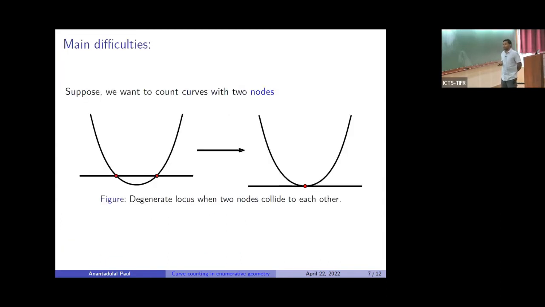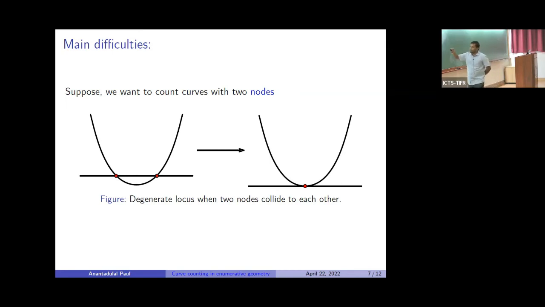So let me mention what is the main difficulty in this kind of question. For example, if you want to count curves with 2 nodes, the red dots are the nodes. In that family, you will always get this bad locus, which is basically the tacnode. So you have to know the computation of this as well.